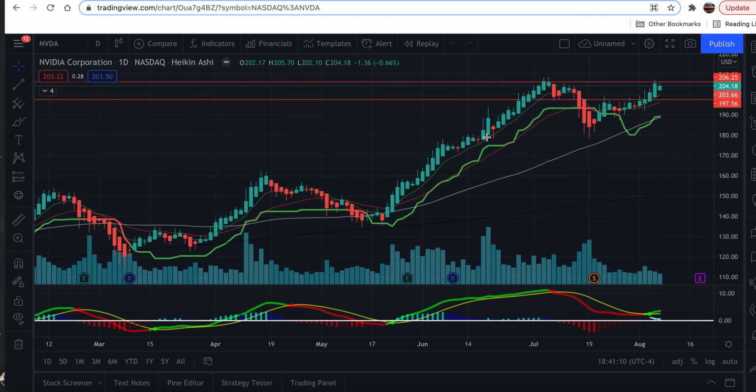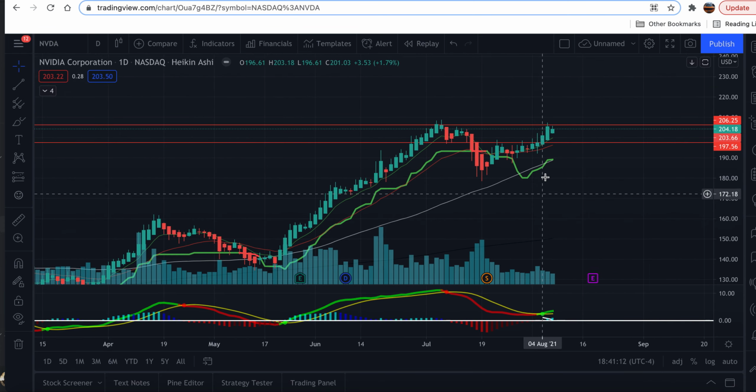Let's look at NVIDIA. So that was from August 4th to August 5th. NVIDIA ended the day on August 4th about $200.95, and the next day went up to about 207, right? So that actually would have been a great trade if you got into that.